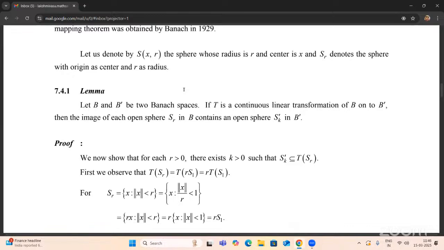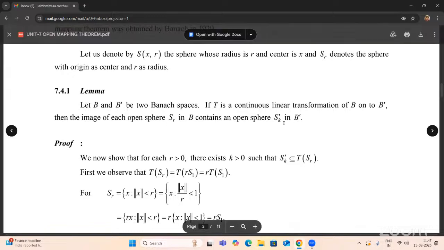First of all, you must see and verify this lemma. Let B and B dash be two Banach spaces. Students, listen carefully. A continuous linear transformation T is defined from B onto B dash. Then the image of the open sphere S R in B contains an open sphere S K dash in B dash.